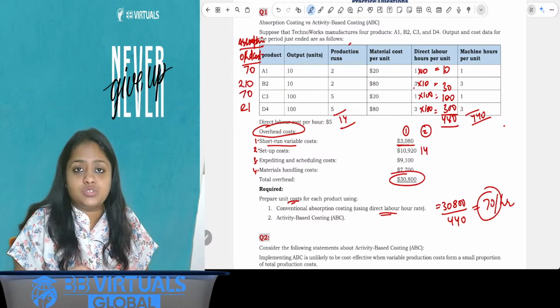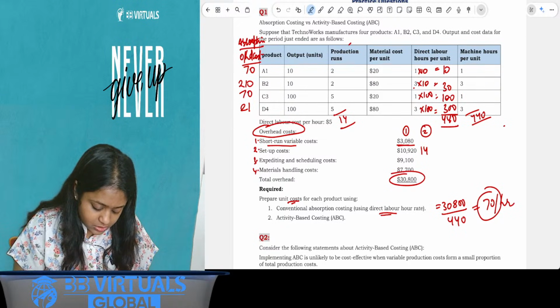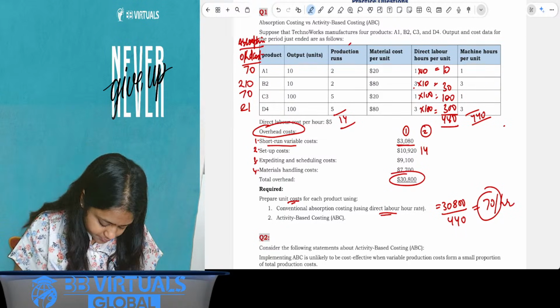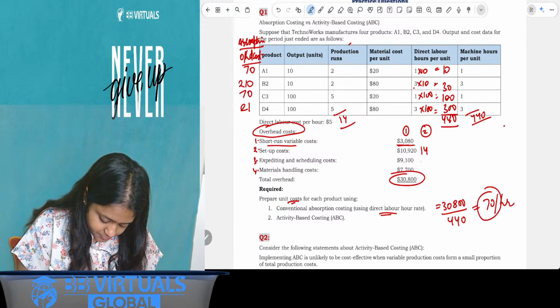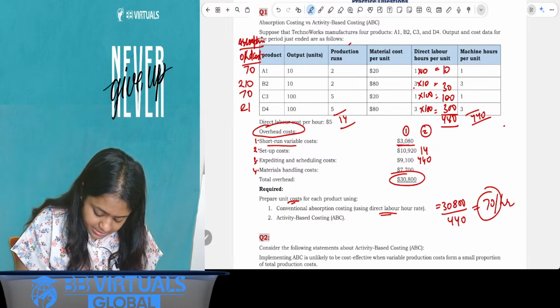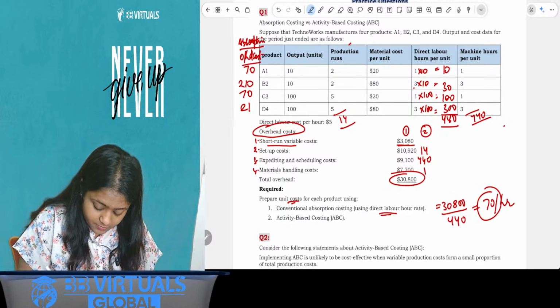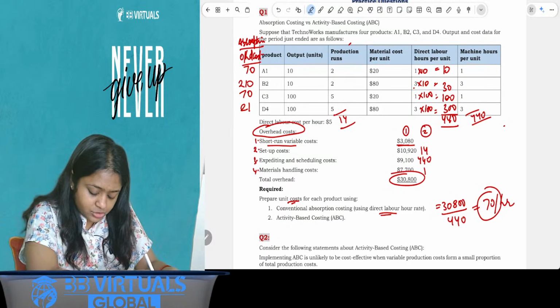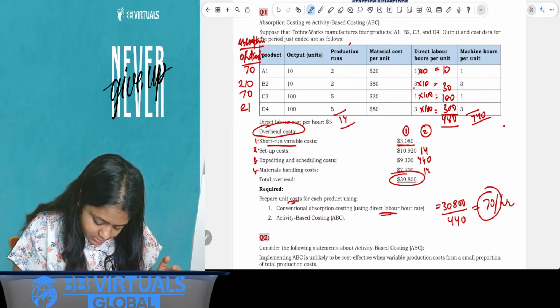Okay, what will be the cost driver for short run variable cost? And expediting and scheduling cost should be based on number of machine hours. And material handling cost should be based on the number of production runs.